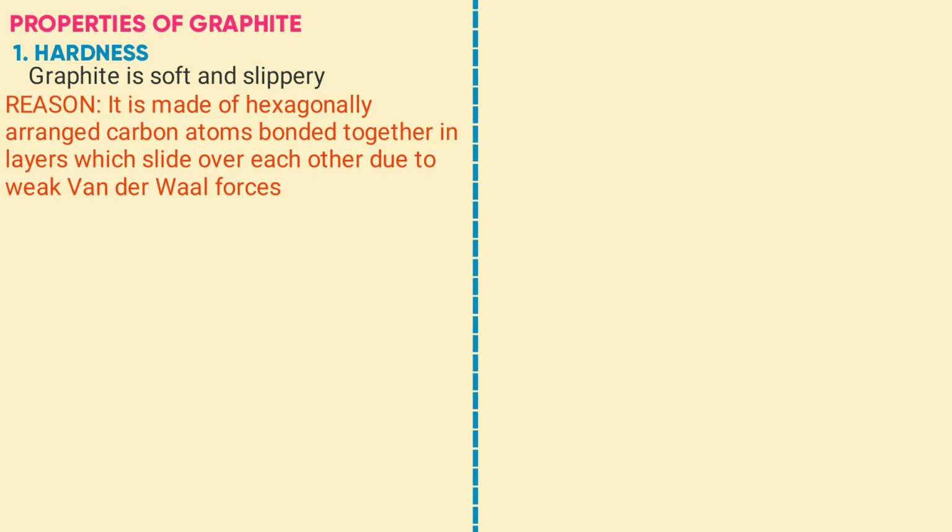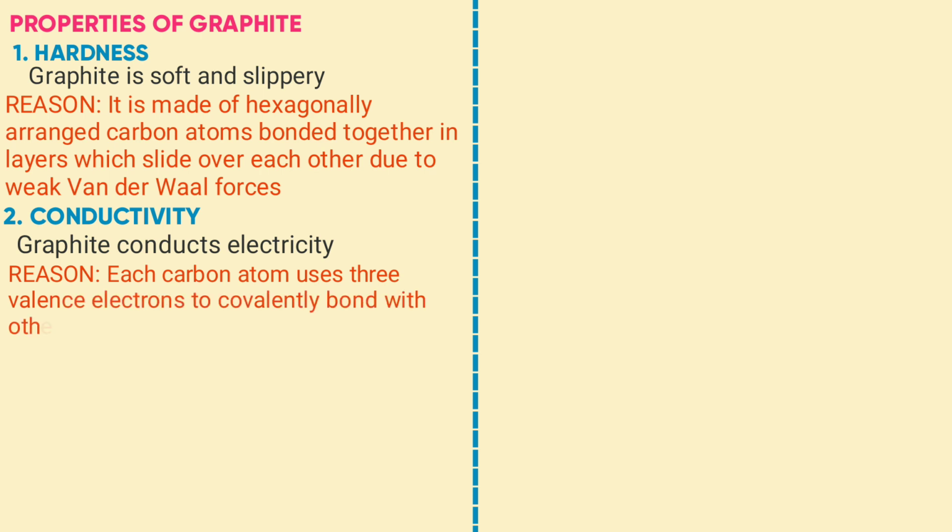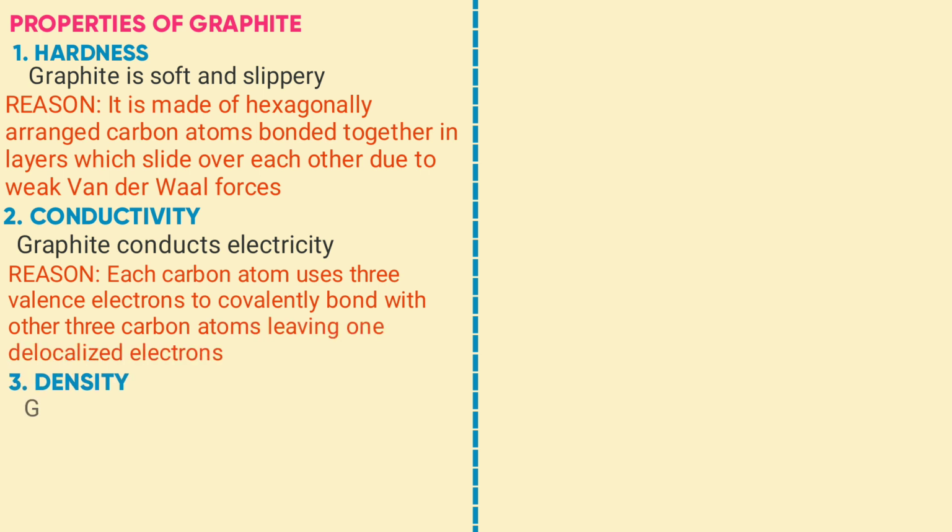In terms of conductivity, graphite conducts electricity. Reason: each carbon atom uses 3 valence electrons to covalently bond with other carbon atoms, leaving 1 delocalized electron. Density: graphite has a low density of 2.3 grams per centimeter cubed. Reason: due to spaces between the layers.